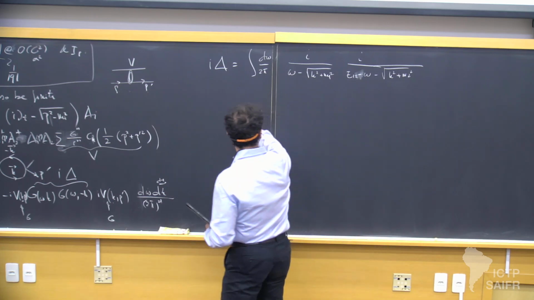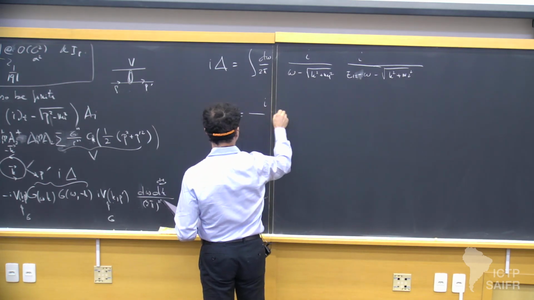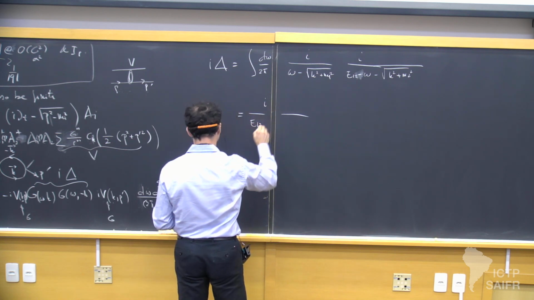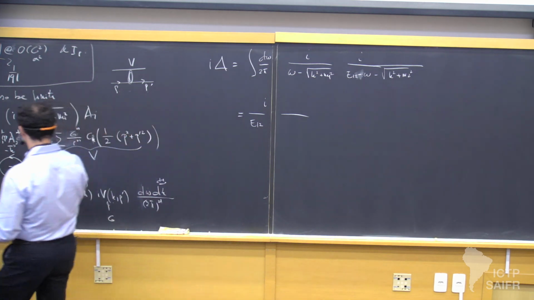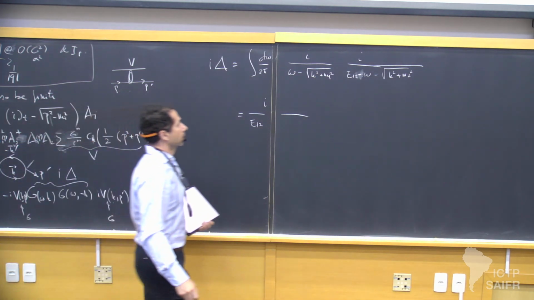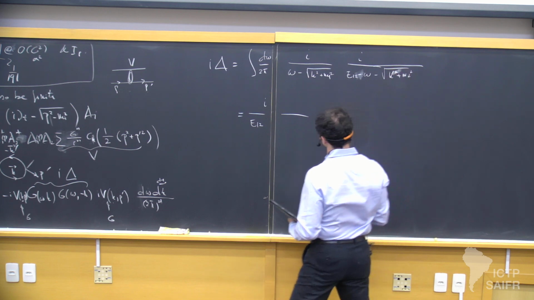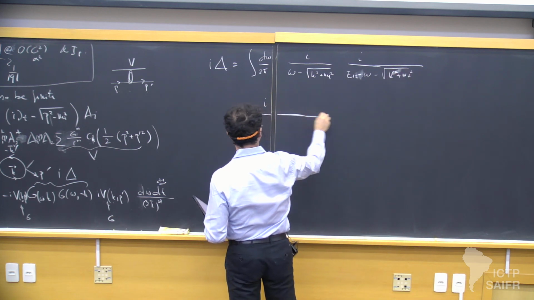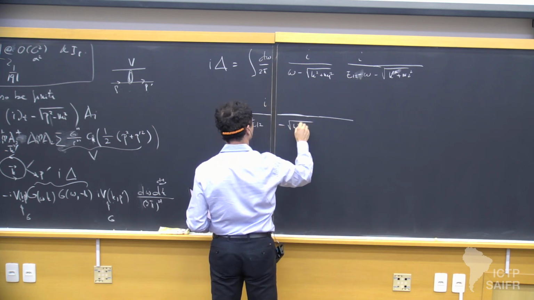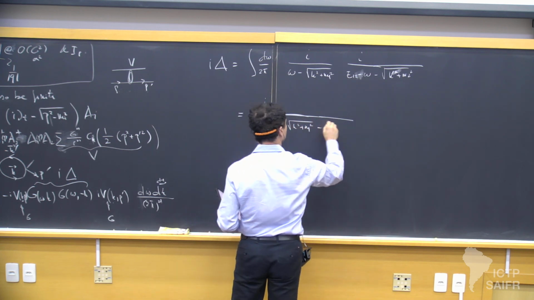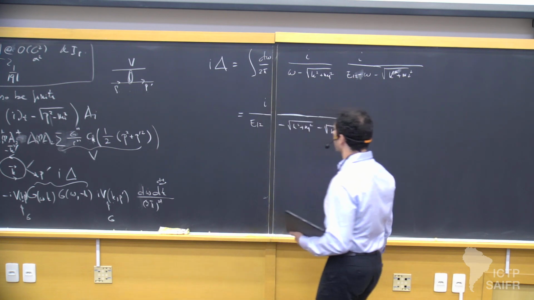So we can do this integral over omega, and the result is fairly simple. This is just i divided by E1,2, and maybe I should call this k prime. So it's 1 over E1,2 from here, minus square root of k square plus m square, minus square root of k prime square plus m square.